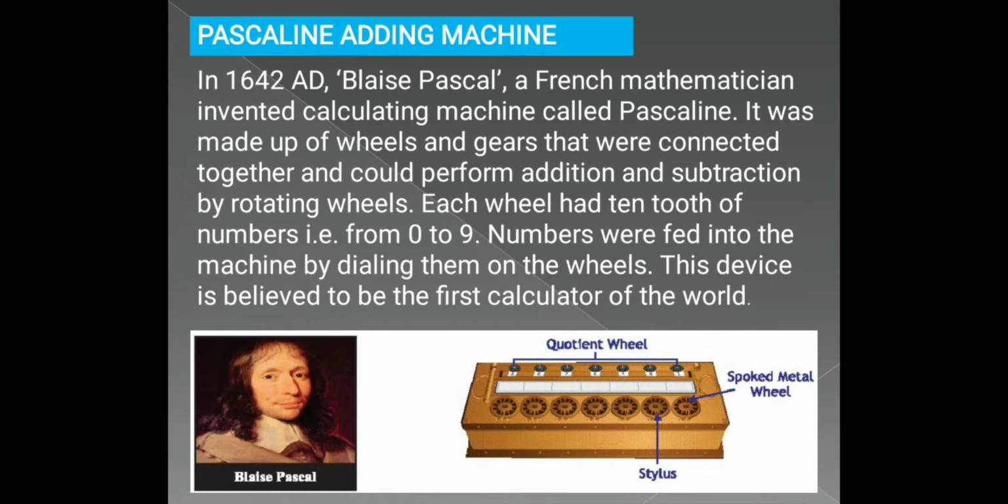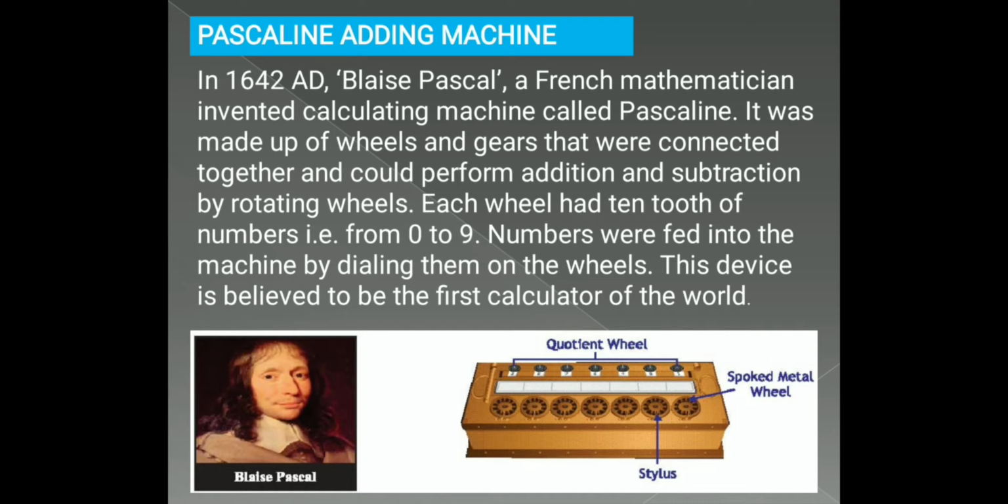Pascaline adding machine. In 1642 AD, Blaise Pascal, a French mathematician, invented a calculating machine called Pascaline. It was made up of wheels and gears that were connected together and could perform addition and subtraction by rotating wheels.